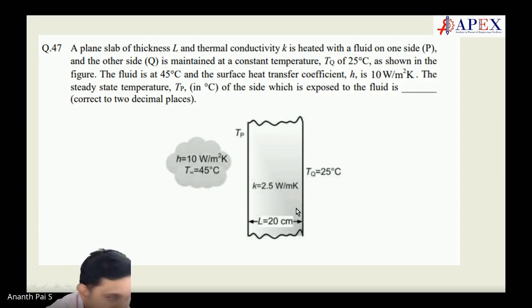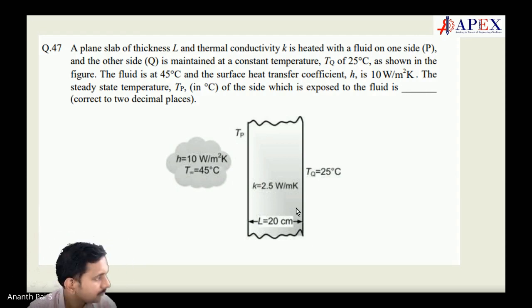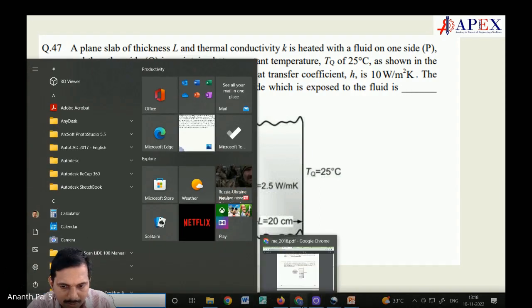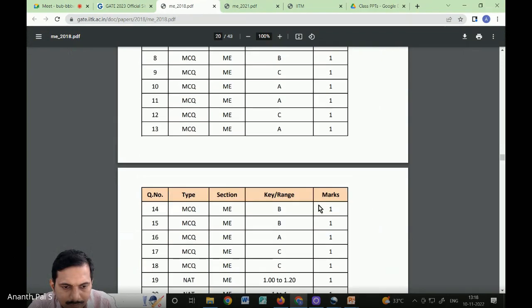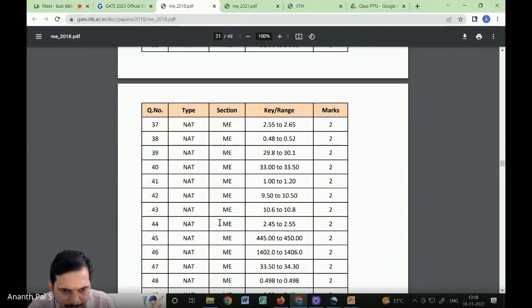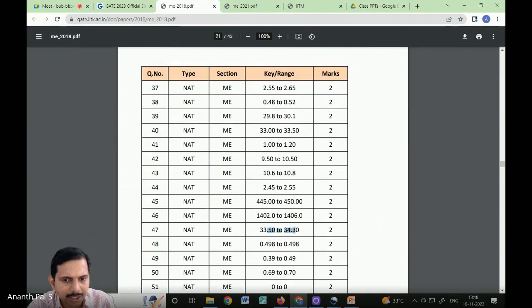Let us see. 33. Let us see here. 47, is it not? Let us see over here. Yeah, 33.50 to 34.30.